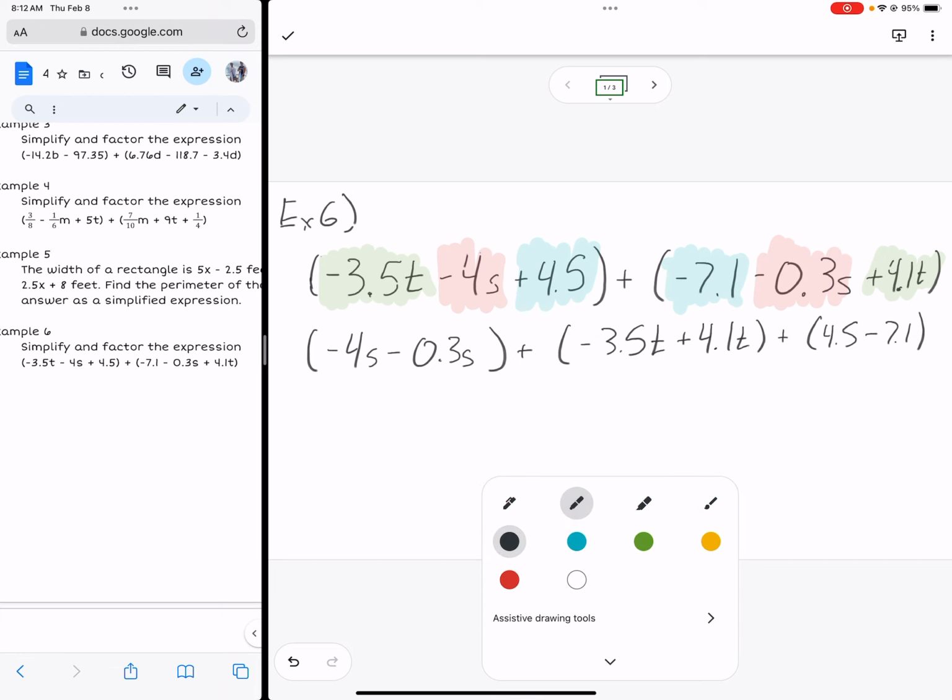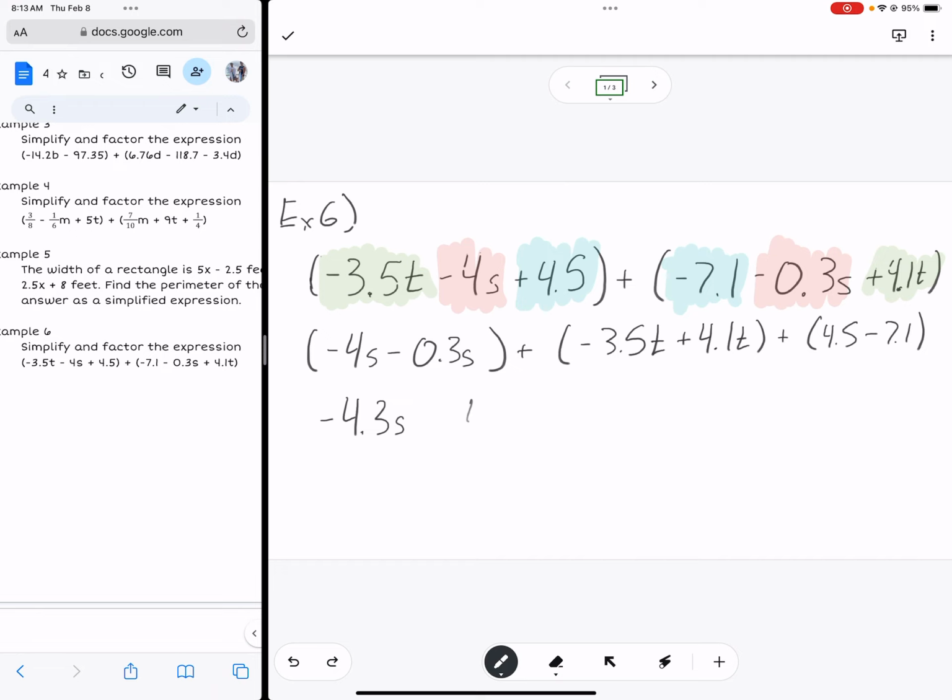Okay, so it's not going to be 4.3s. It's going to be negative 4.3s. And then we're going to add it to, or maybe subtract it. It could be subtraction. I'll let you decide. Plus 0.6t. Oh, wait. Hold on. Positive. I'm tripping, bro.